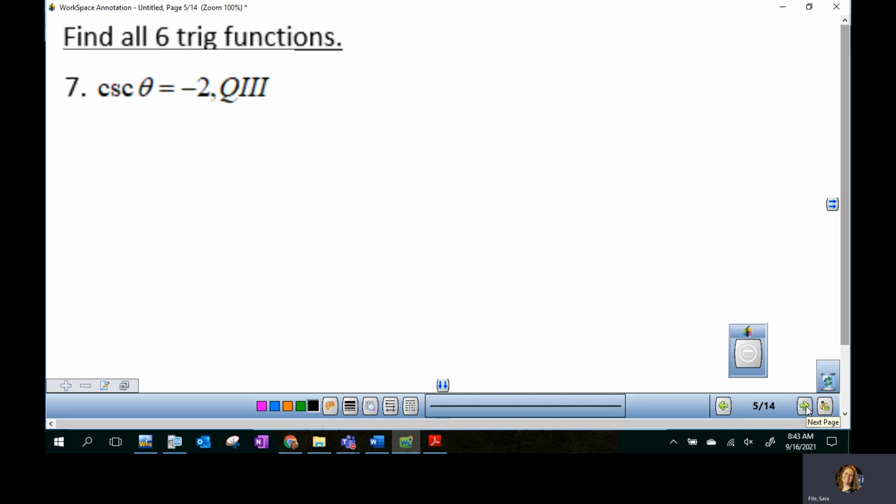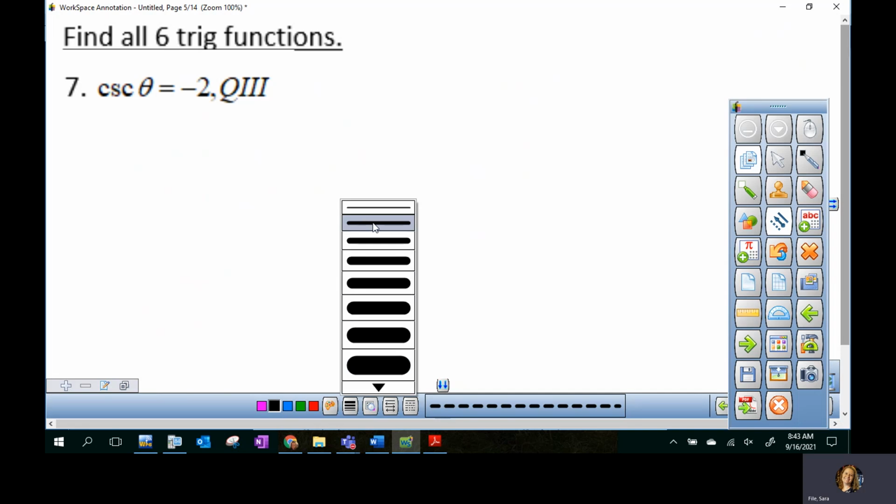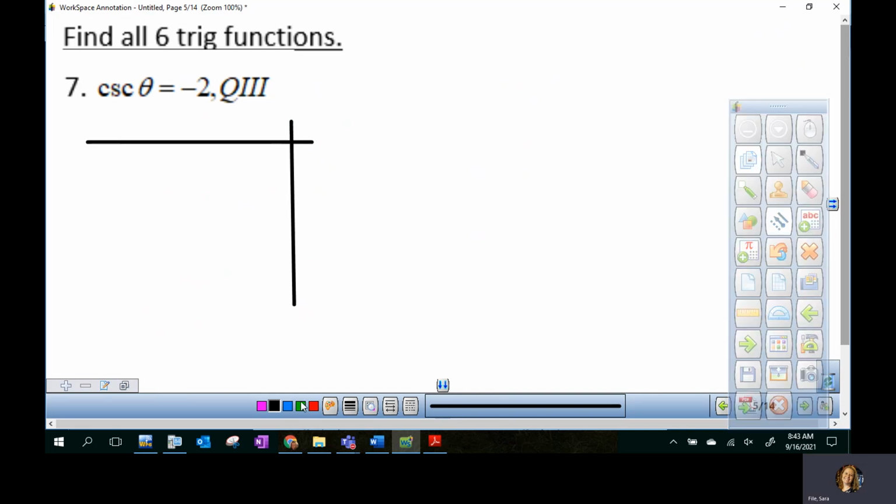Okay, now 7, we're doing the same process, but instead of being given an ordered pair to plot, we are told what quadrant we're in, and we're told one of the 6 ratios, okay? So this is similar. We need to draw our triangle. They tell us it's in quadrant 3. Now what's different is I don't just immediately know the x and y because they didn't tell me the ordered pair.